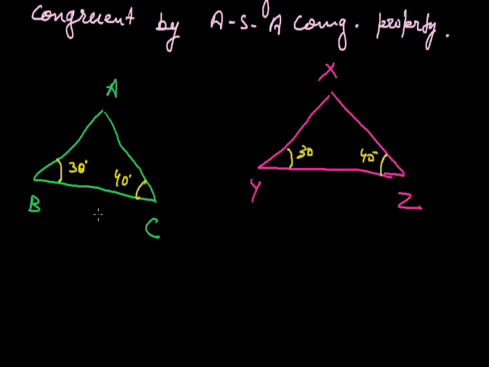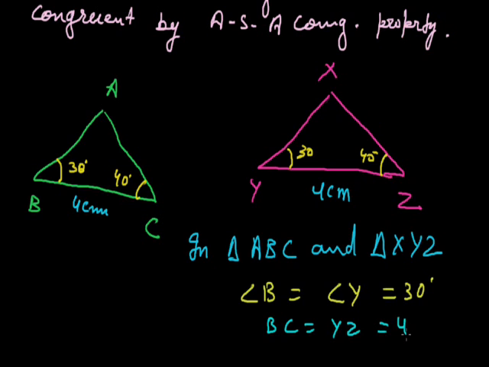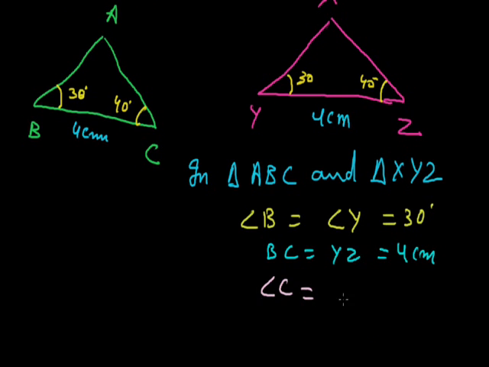Measure of side BC is 4 centimeters and that of YZ is also 4 centimeters. How can we show that these two triangles are congruent? We can say that in triangle ABC and triangle XYZ, angle B is equal to angle Y, that is equal to 30 degrees. Then BC is equal to YZ, equal to 4 centimeters. Angle C is equal to angle Z, that is equal to 40 degrees.